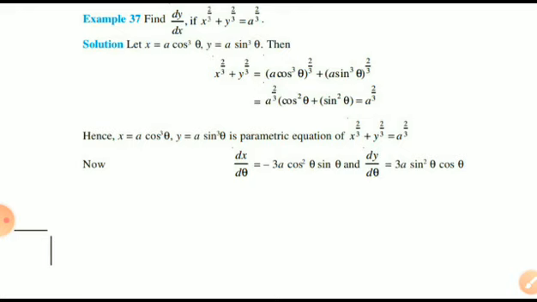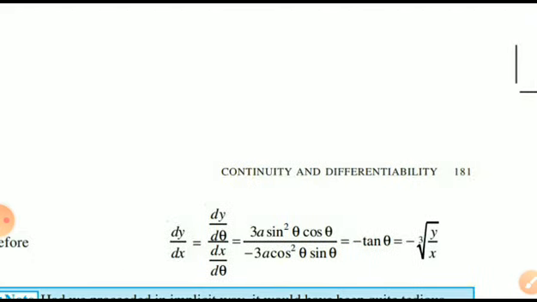They have written x and y in terms of sine and cos, that too in terms of parameter theta. Since it was given in the text, I have just shown how they have done. They have used x as a cos cube theta and y as a sine cube theta, and then they have simplified and they got the answer as minus of cube root of y by x.